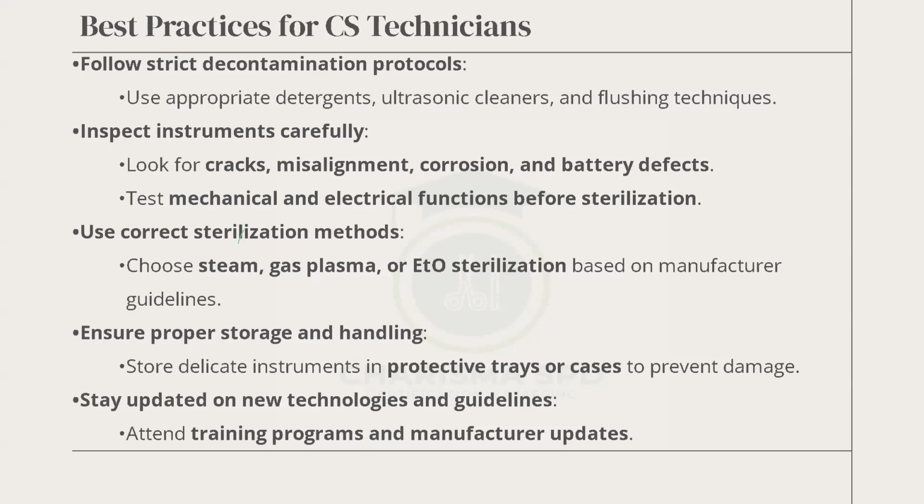Ensure proper storage in trays or cases to prevent damage. Delicate instruments, we protect them. Sometimes their tips are so fine and delicate that if we let them loose in the tray or basket, and they are transported or pass through several hands, they can get damaged. So we protect them.